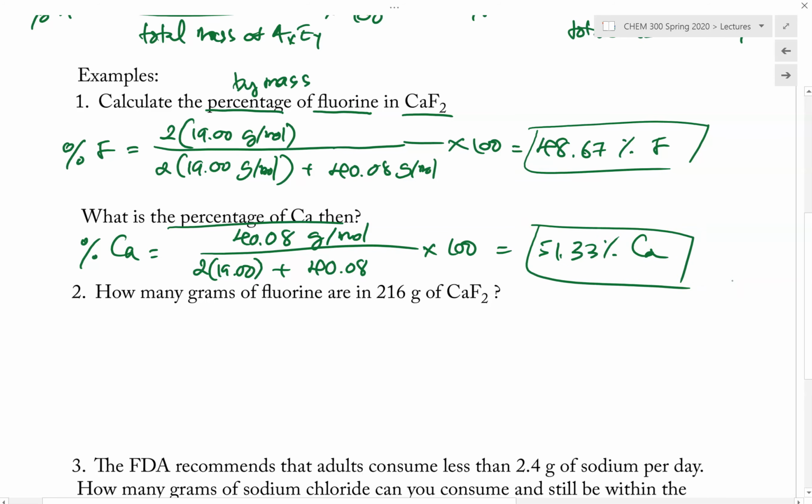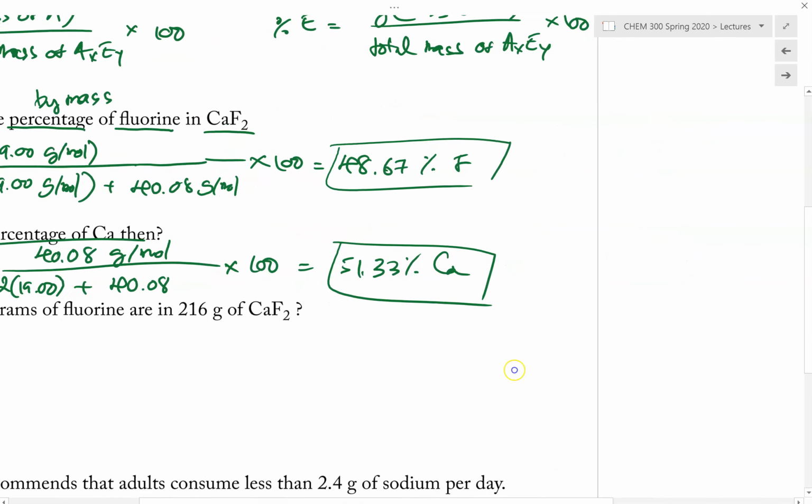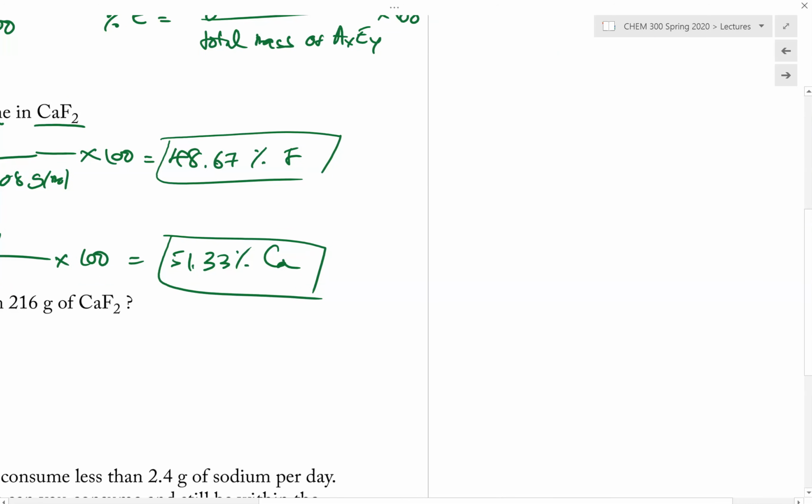So that's how easy it is to find the percentage of composition of any element in a compound. But more importantly, it's very important that we know how to use the percentage by mass as a conversion factor. Anytime we have the percentage of something, this is how we can use it as a conversion factor.